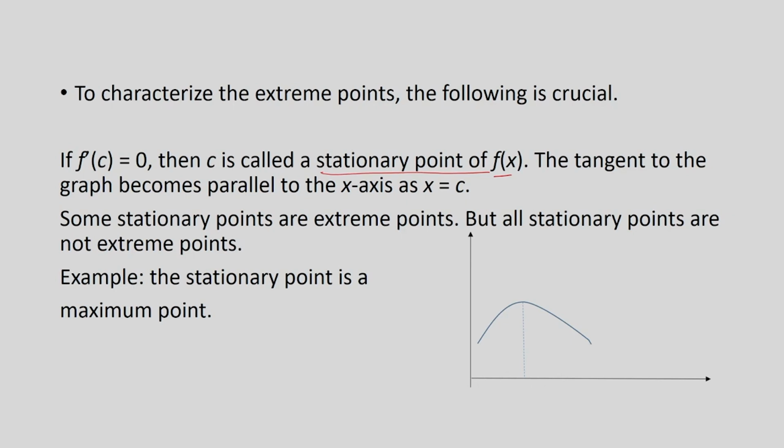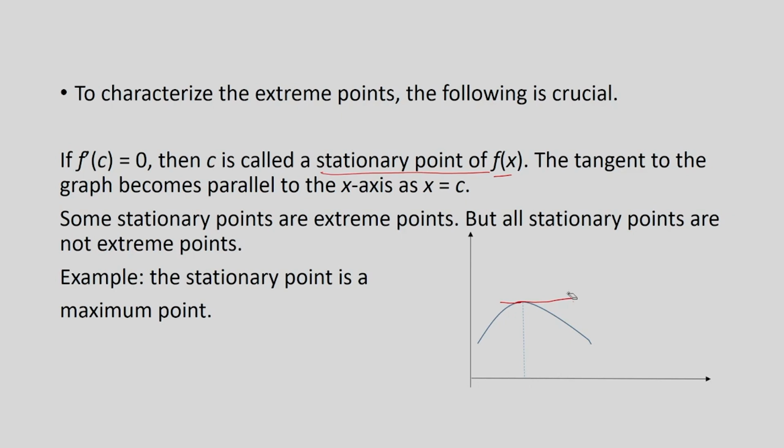If the slope of the tangent is equal to 0, that means the tangent is horizontal, which means that the tangent is parallel to the x-axis. So, this is how we can geometrically represent this. At the stationary point, the tangent becomes parallel to the x-axis.